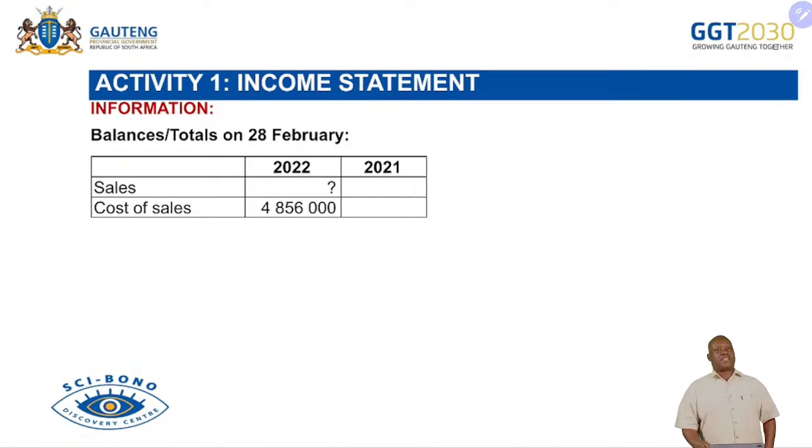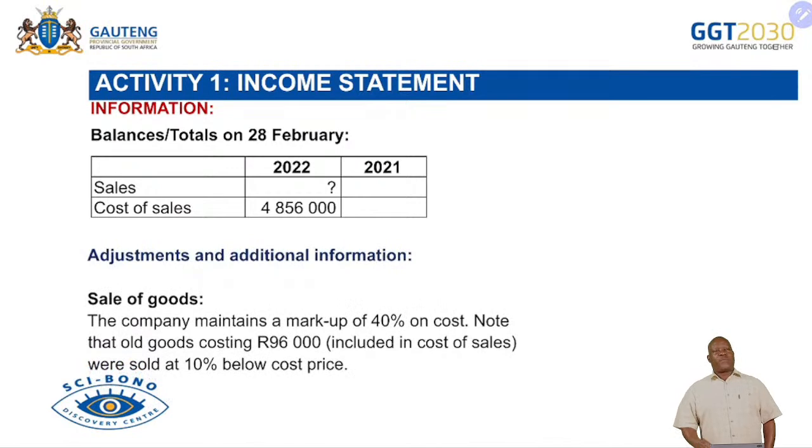Now, they are going to give us additional information, of course. The adjustments and additional information says, when it comes to sale of goods, the company maintains a markup of 40%. What is this? It's the relationship between cost of sales and sales. What does that mean? It simply means our cost of sales is always 100%. When a markup of 40% is added, it means our sales are going to be 140%.